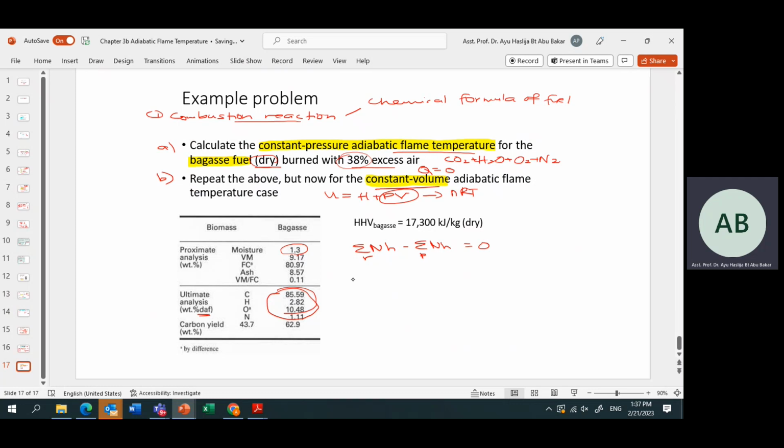So to generate your combustion reaction, you must have the chemical formula of the fuel. For this question, you need to start from the beginning on finding the chemical formula, where you need to do the correction. Here is VAF. So you find out the chemical formula, generate the combustion reaction. Then only you proceed with first step, combustion reaction.